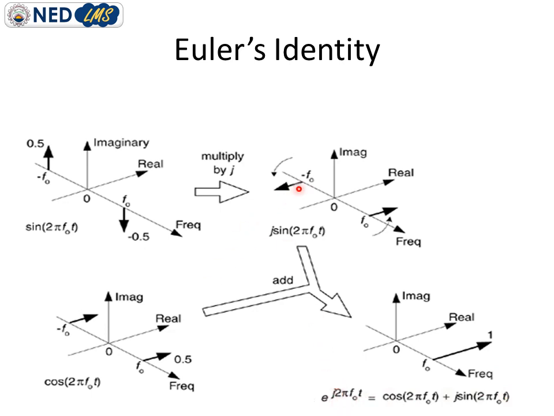So you can see that this spectral line is at minus f naught, this spectral line is at minus f naught. So both of these spectral lines are at minus f naught and both are having the same magnitude, which is half. So these two spectral lines cancel each other's effect, and the net result is zero spectral line on the negative frequencies.